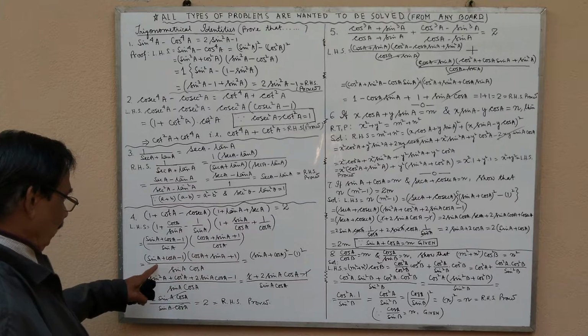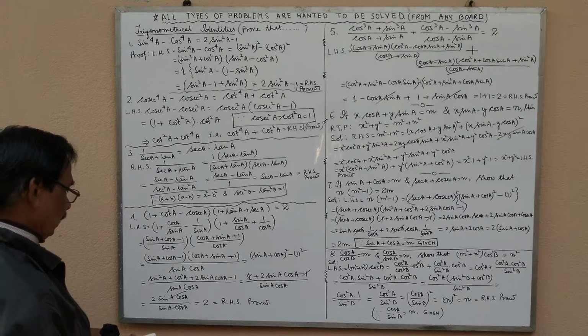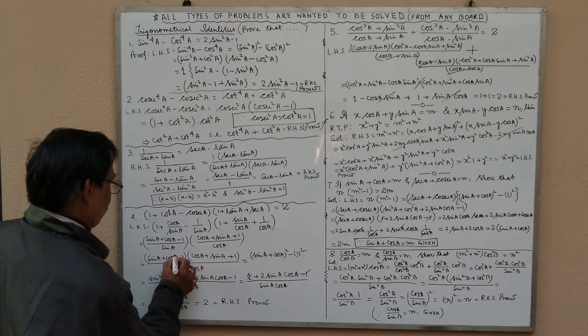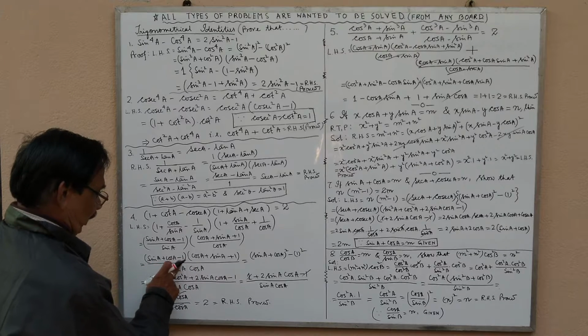Now just see that this is (sin a plus cos a) minus 1 and (sin a plus cos a) plus 1.